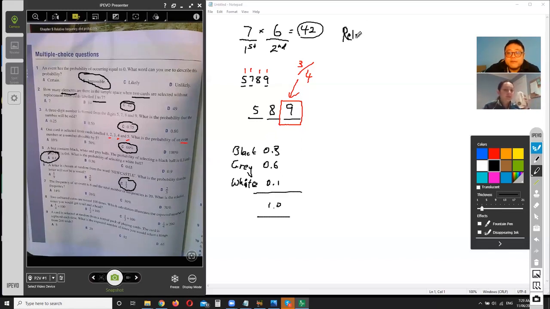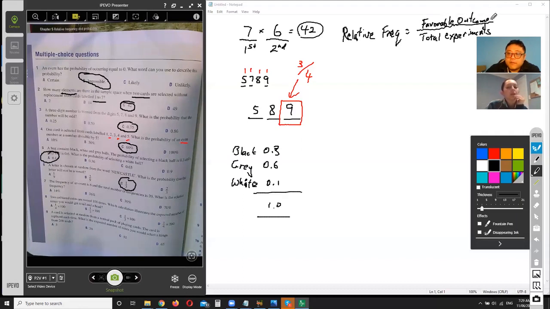It is based on how many times you did the experiment, and the number of times you got what you were looking for, the favorable outcomes.